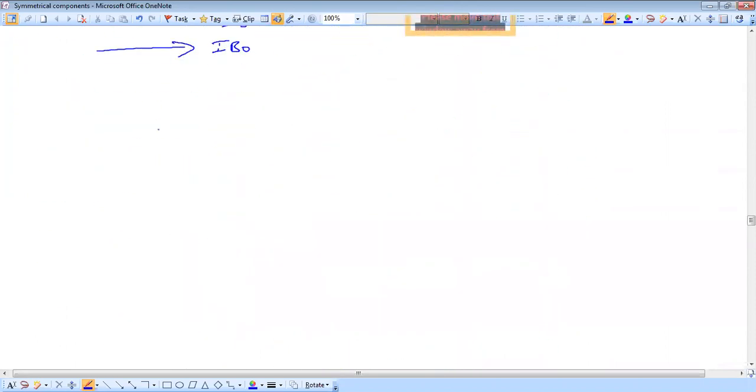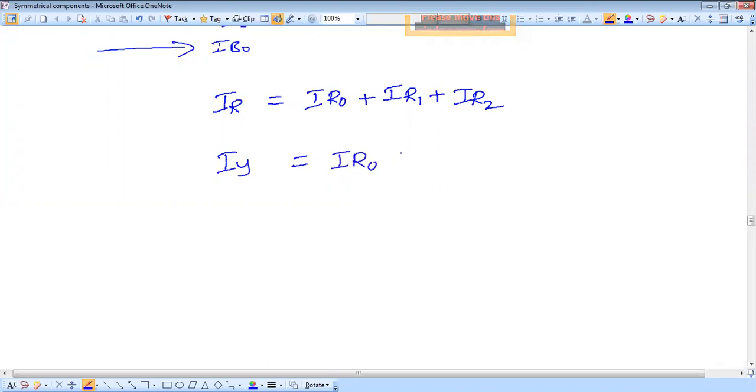We know that IR equals IR0 plus IR1 plus IR2. Now what is the IY unbalance? We know IY0 is the same as IR0. IY1 in terms of IR1 is K square times IR1.